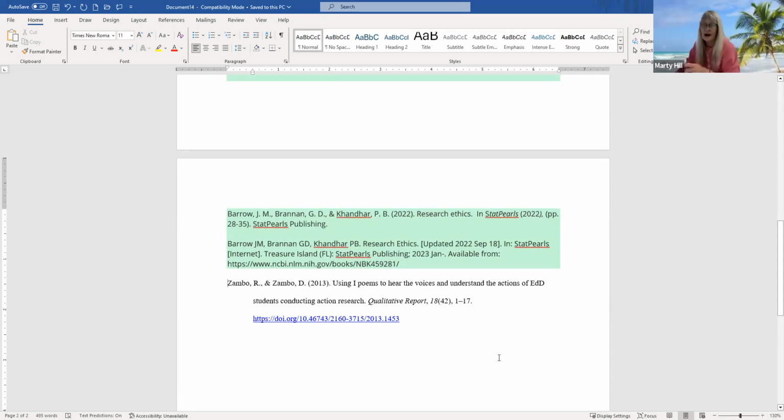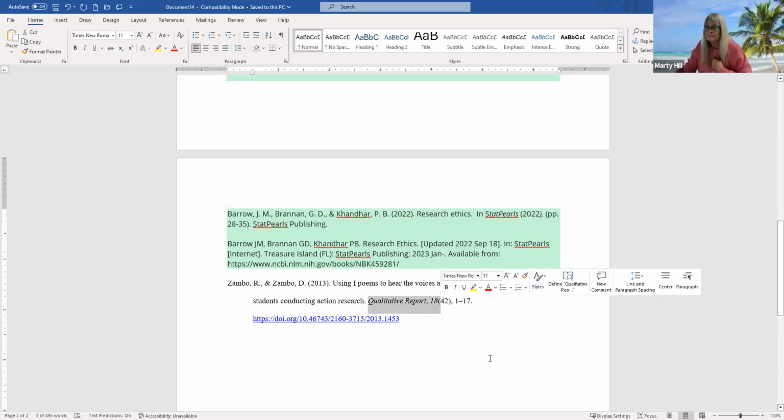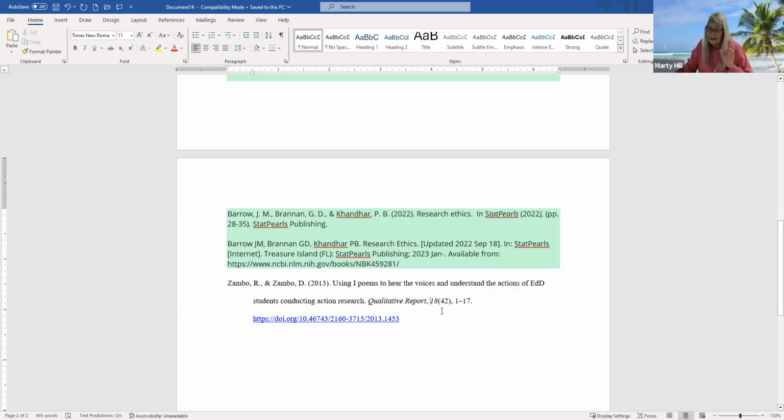As a researcher, I can tell it is a journal article right away because this is in italics. The title of the journal and the volume number are in italics. That tells me immediately, oh, this is a peer-reviewed journal article. It's okay to keep it in italics when we put it in our reference.